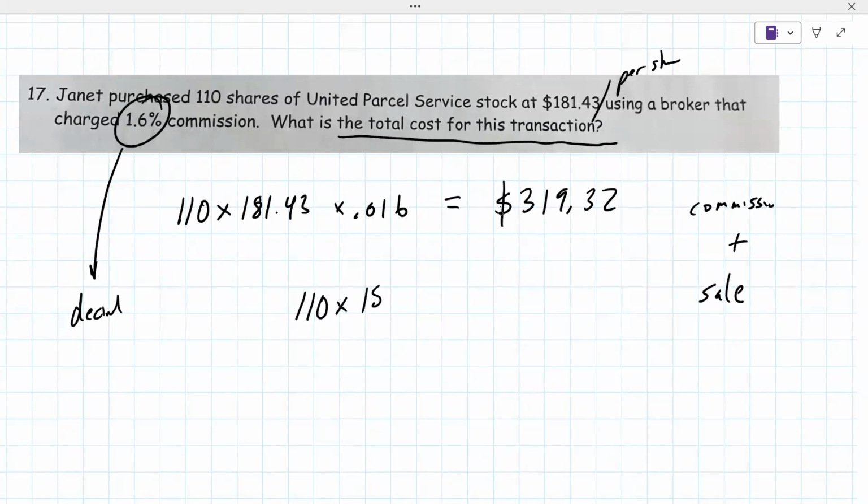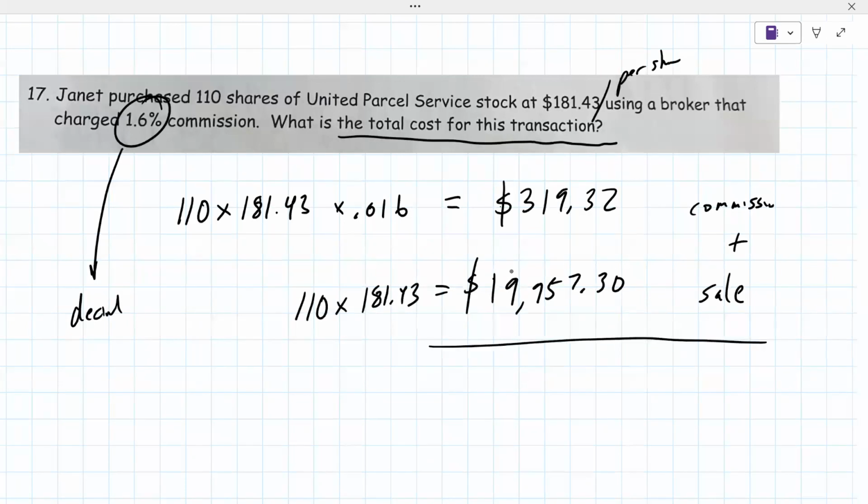The sale is 110 times $181.43. So we really only need to multiply 110 by 181.43. That's how much you need to buy the stock, and you need that much for the commission as well.